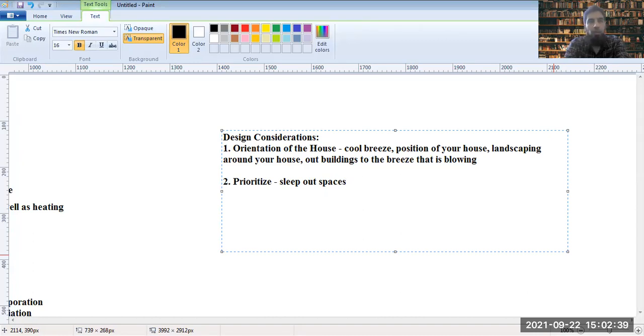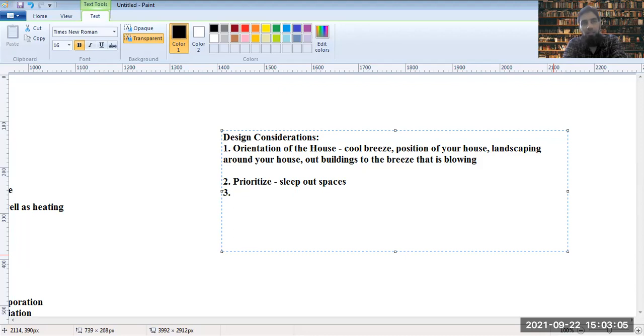So they have sleep out spaces there, which is not the criteria in our case here. So they may prioritize sleep out spaces, but in our case, our priority has to be the thermal insulation of our houses and proper ventilation of our houses. So we do not prioritize only the sleep out spaces.